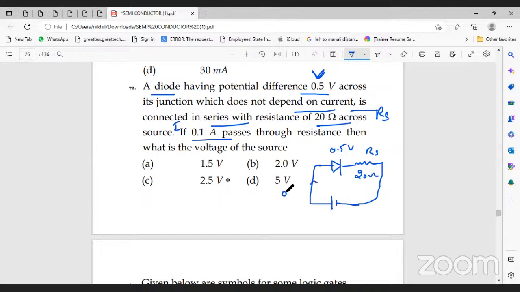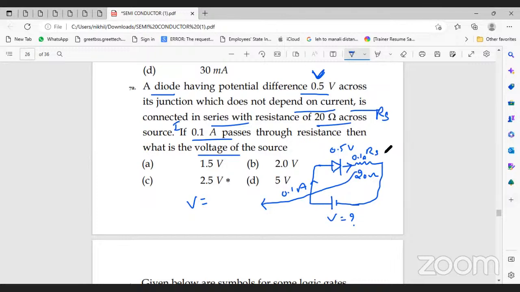Now there is a current of 0.1 ampere here. Now they are asking you to find what is the voltage source, this voltage. When 0.1 current flows here, the same 0.1 current will flow in the resistance. Then across this resistance, can you find the voltage drop?